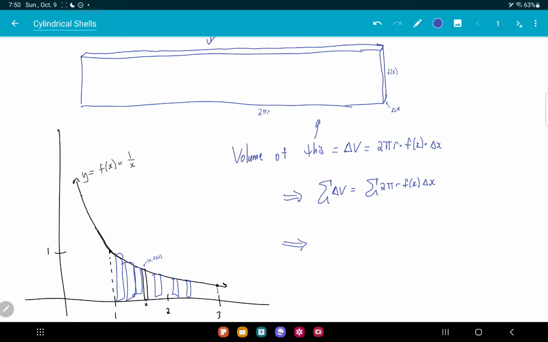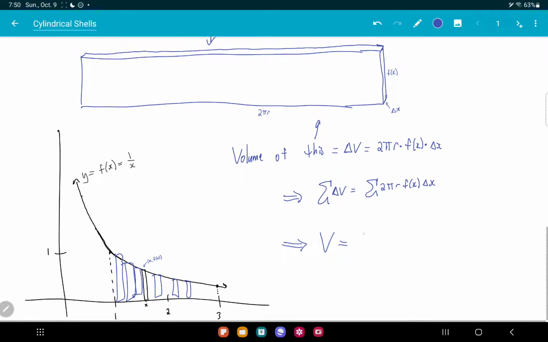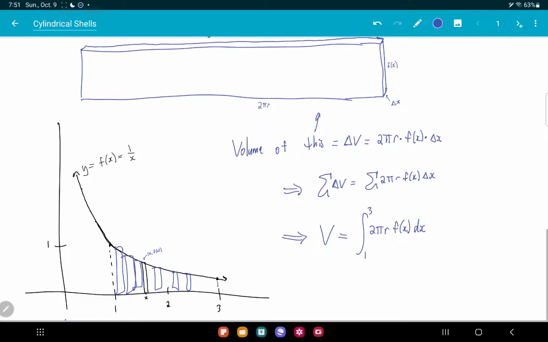And, of course, fudging a bit, the actual volume I'm looking for will be represented by an integral. 2 pi r f of x dx. And we are summing from 1 to 3. And that's the 1 and the 3 down here.